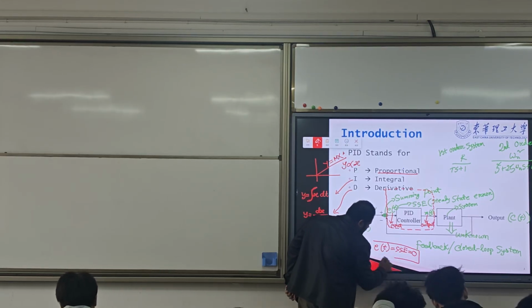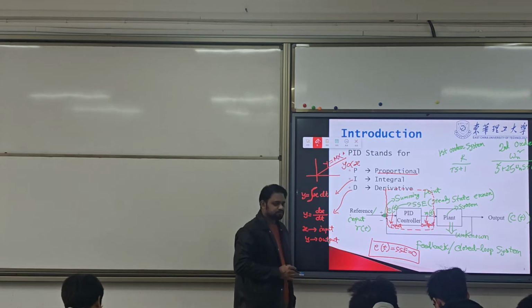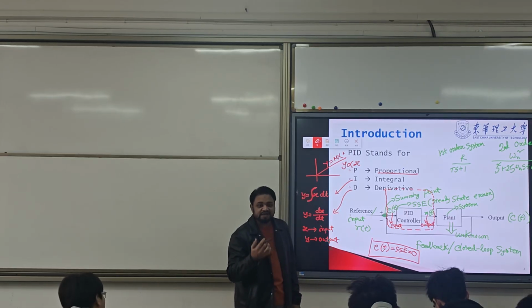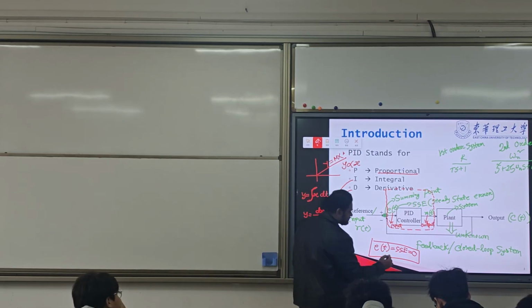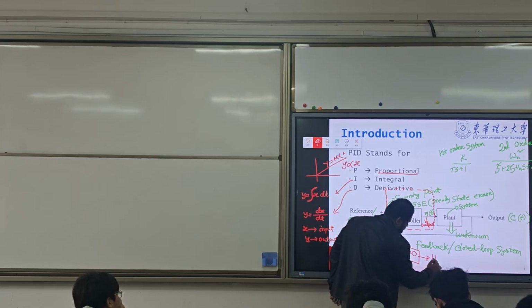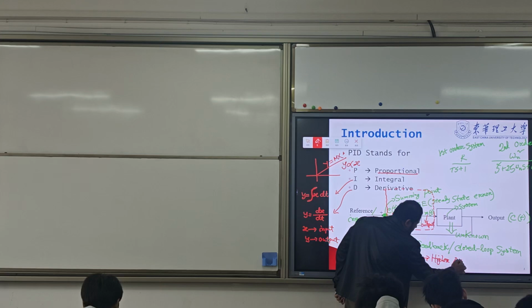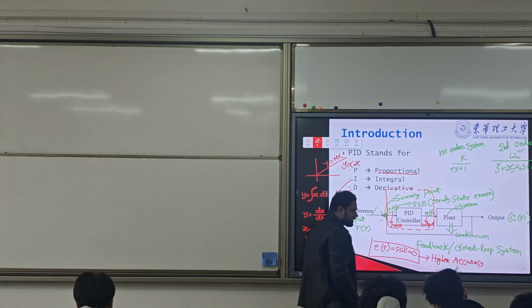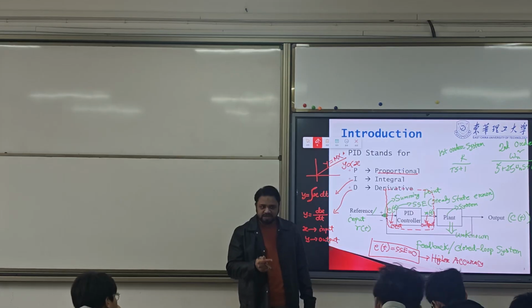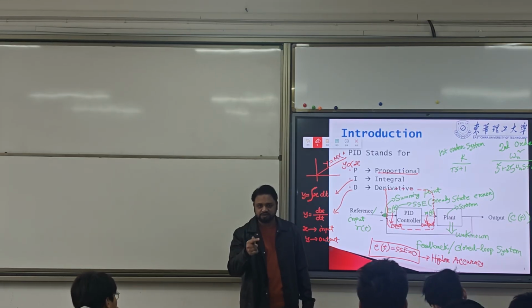We need to make it 0 to get a highly accurate system. Higher accuracy. If it is not 0, then your system is not fully, highly accurate.